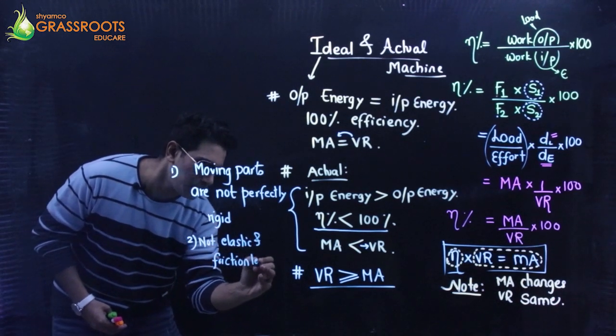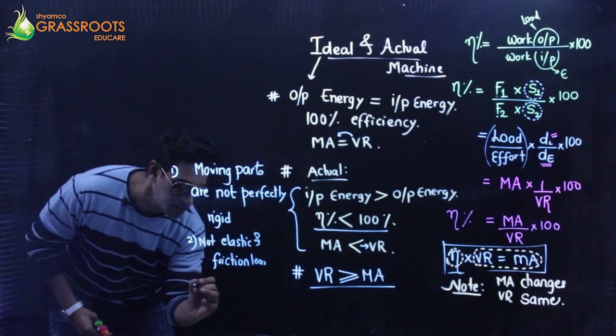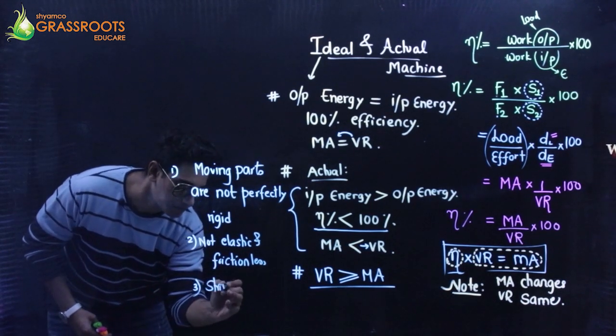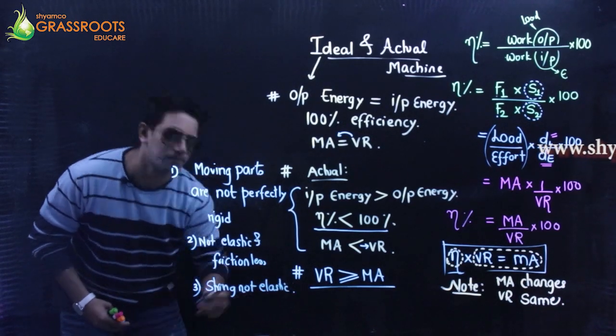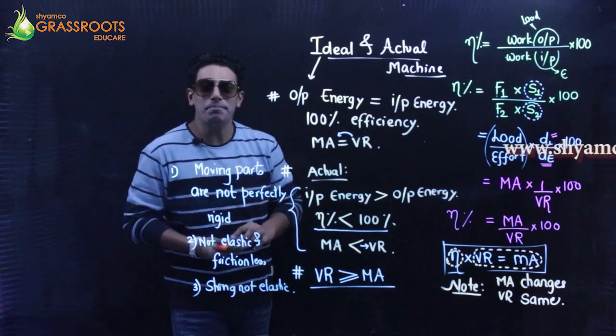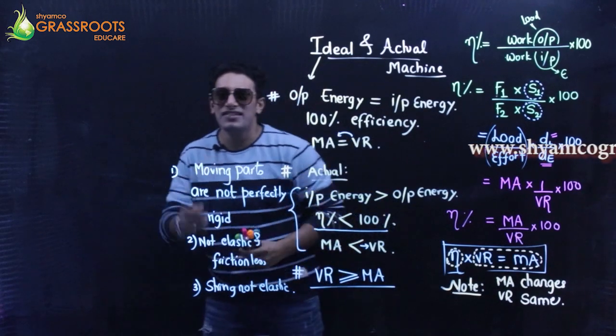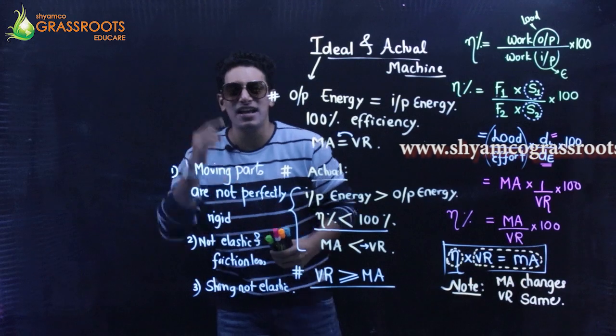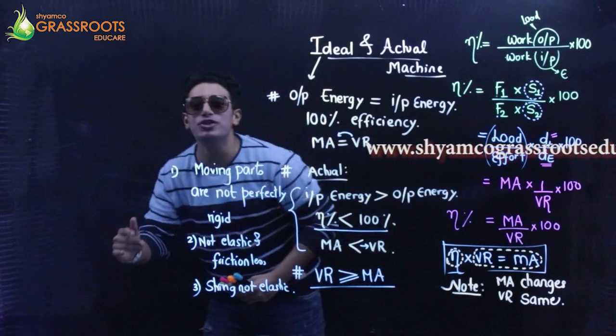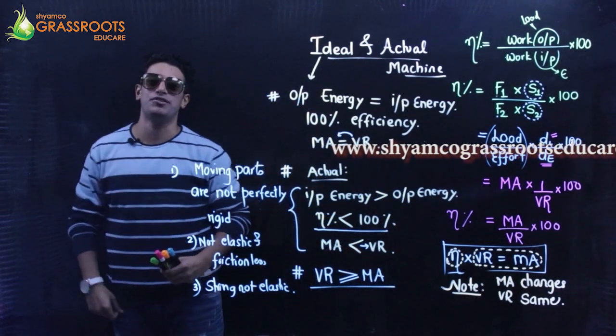The string is not elastic. So I can say that because of all these factors, there is a loss in energy. And when there is a loss in energy, guys, the efficiency is going to be less than 100%.